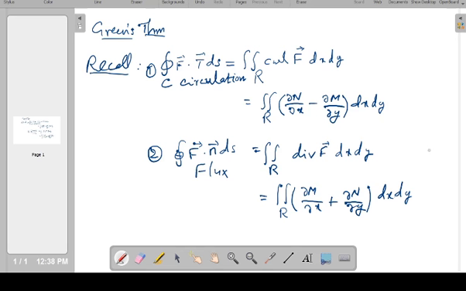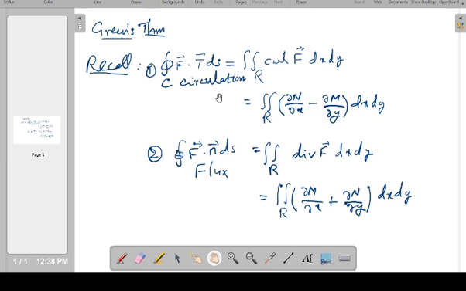In the last class we have seen two forms of Green's theorem. So recall what are they? The first one says integral over a closed curve C of F dot T ds. That means the tangential component of F, its integral, is called circulation.